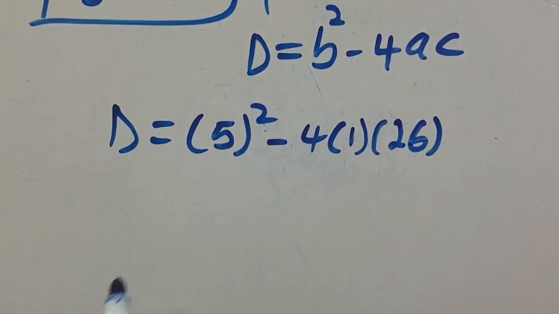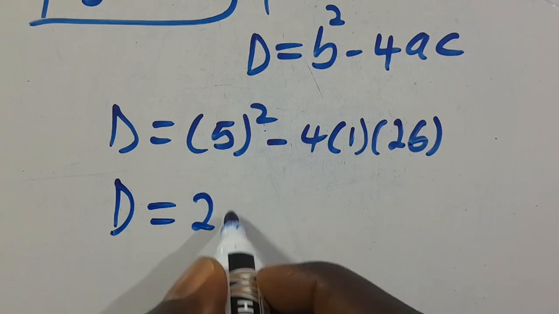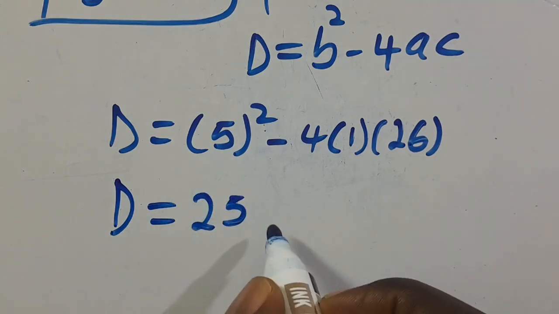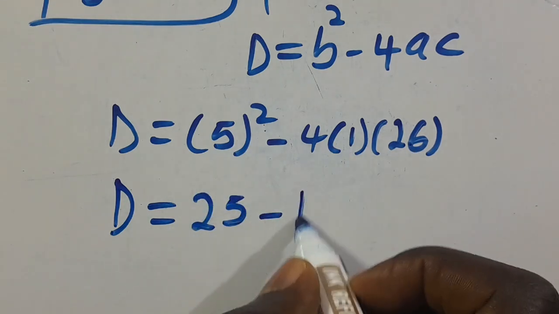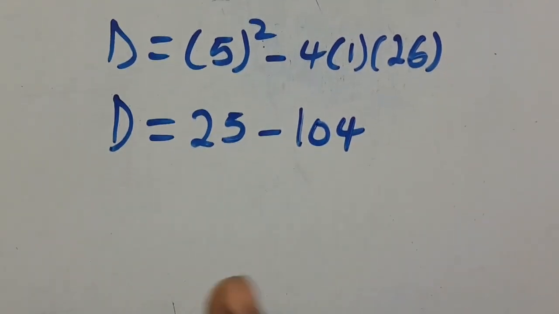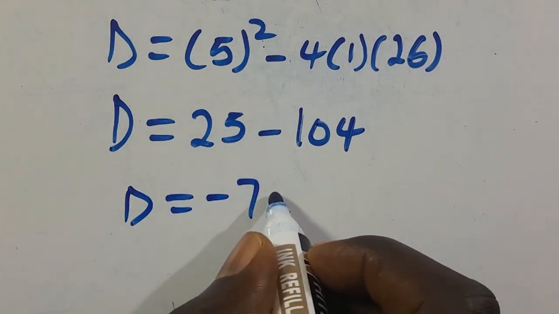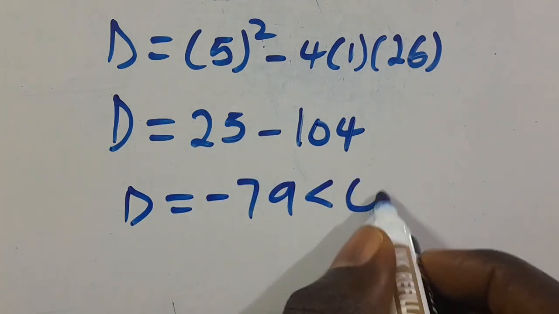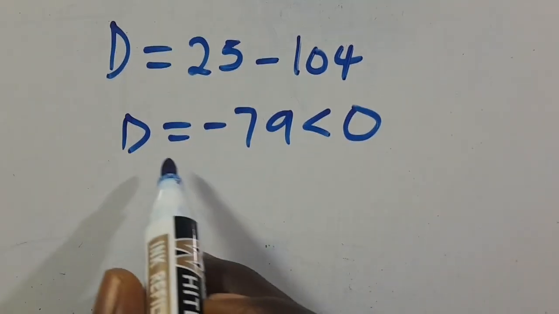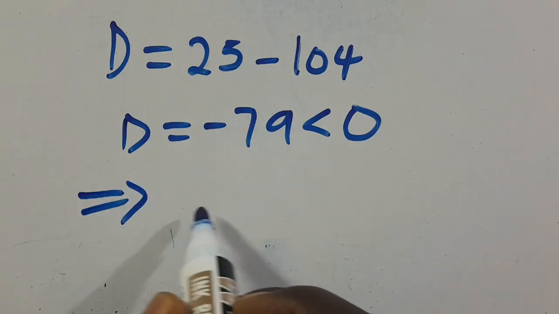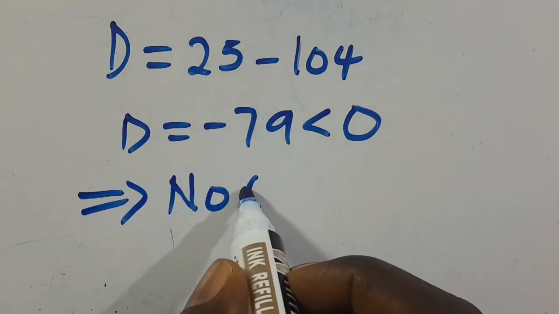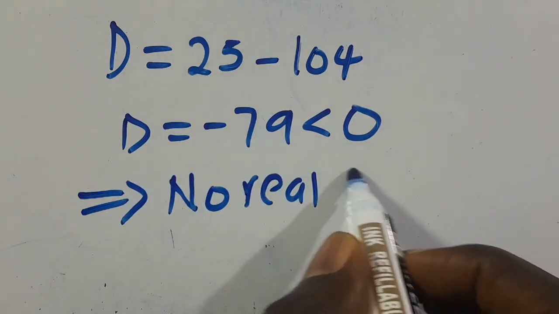So we have d equals 25 minus 104, which gives us minus 79, which is less than 0. This less than 0 implies that there is no real solution.